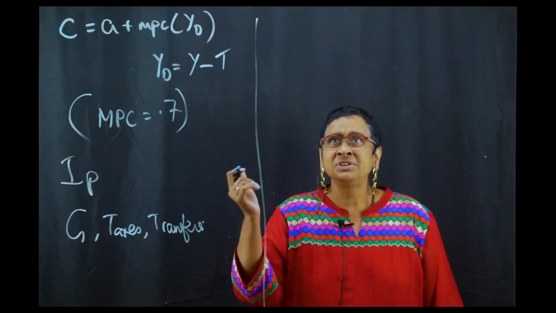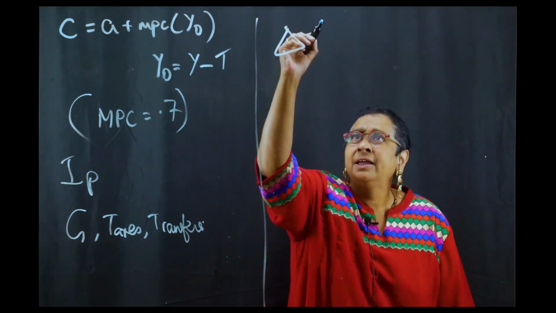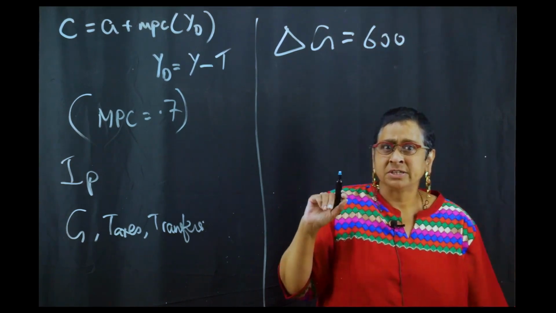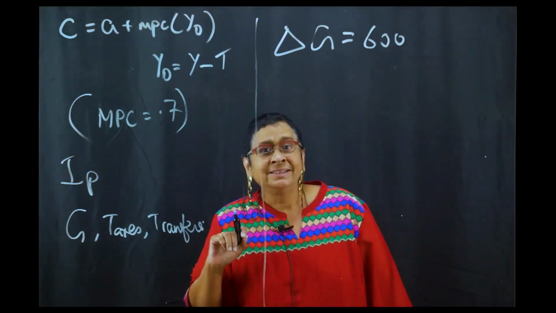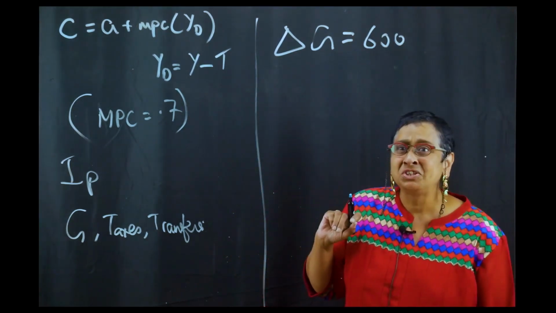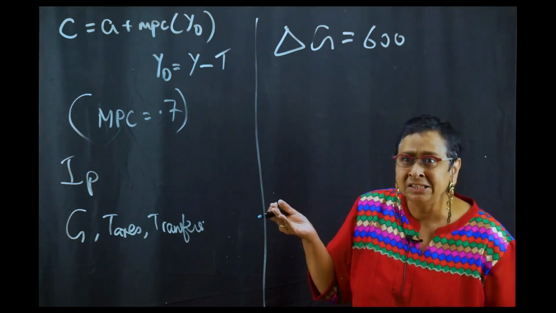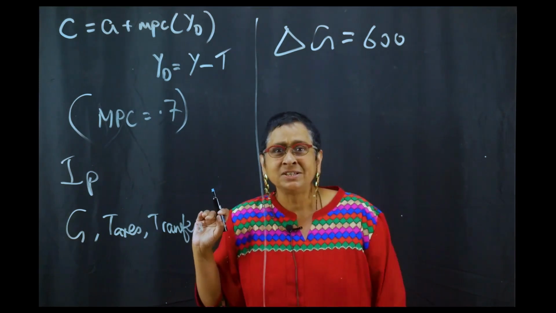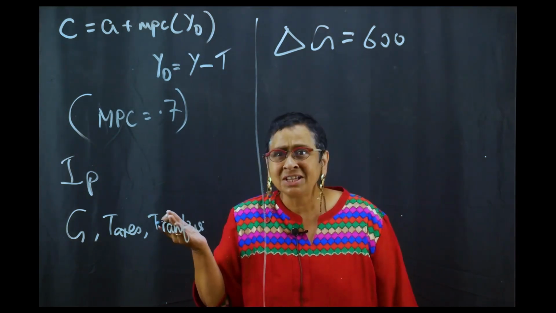So in my example, let's just say that I increased my government spending by 600. If that happens, then what is the effect going to be on final incomes? And the answer is, I know how to do this. I did this when I saw a change in planned investment.